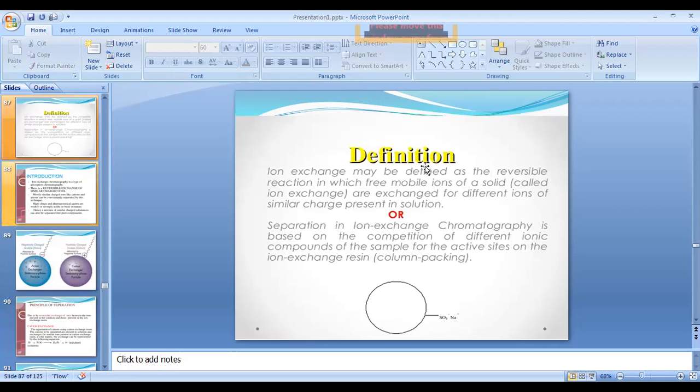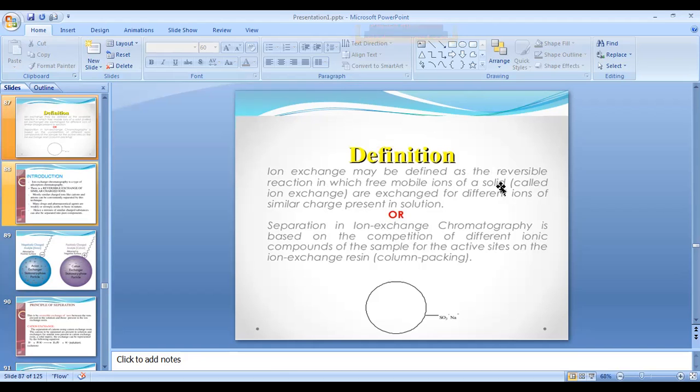So let's see the definition. Ion exchange may be defined as the reversible reaction in which free mobile ions of a solid called ion exchanger are exchanged for different ions of similar charges present in solution. So here see what happens. Exchanging means similar charges.